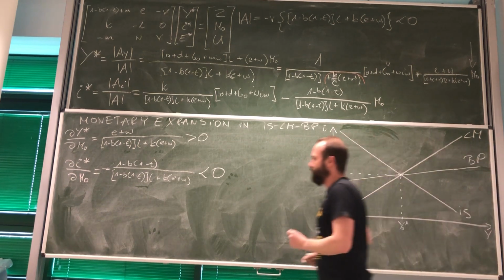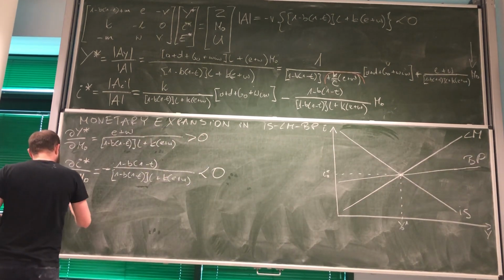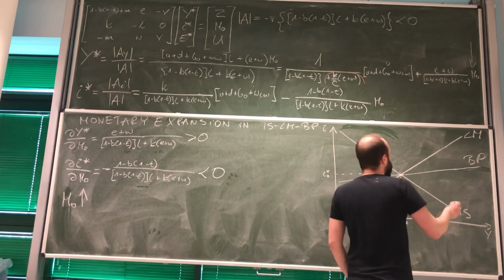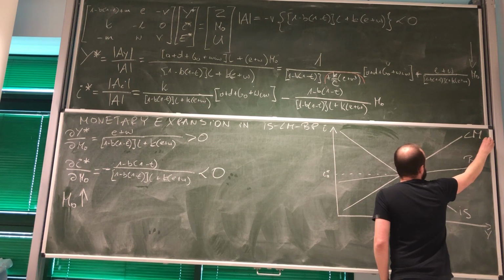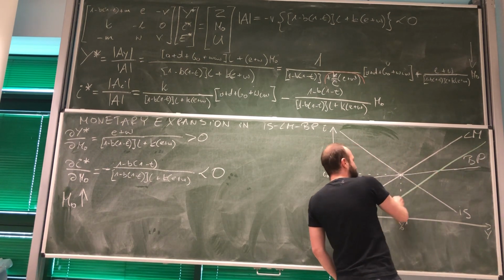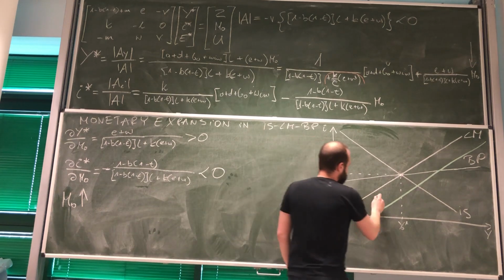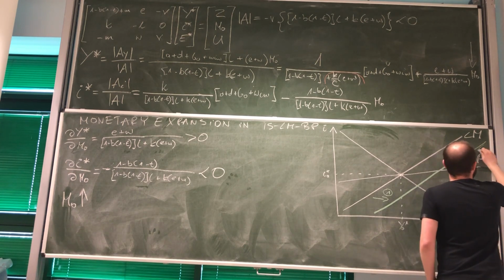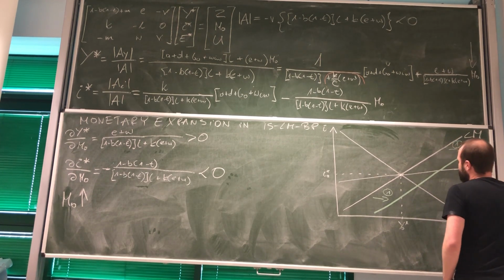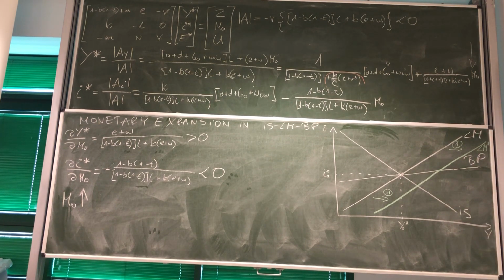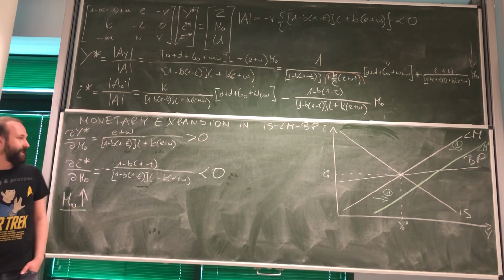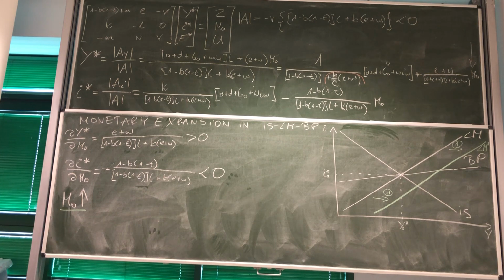But okay, let's start. Look, central bank is increasing money supply, right? And how do we see? Look, every time when money supply is increased, LM curve goes to the right. Okay, and this is what we see that is happening in this country, in our economy.